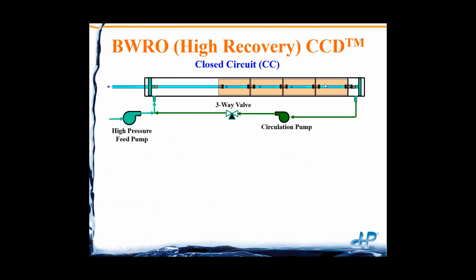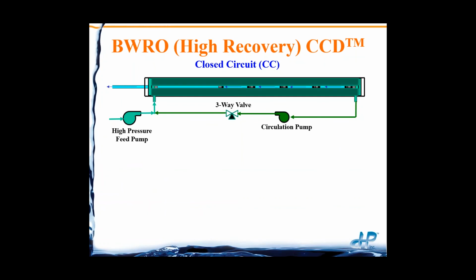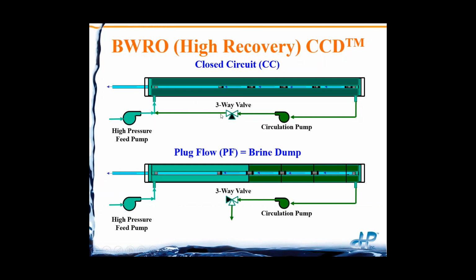So this is going to give very high cross-flow rates to reduce fouling and scaling potentials. And then while you're in operation doing this recirculation, the water is going to get more and more concentrated until it hits the point that you've achieved the percent recovery that you want, then it's going to go from this closed circuit recirculation mode into the brine dump.